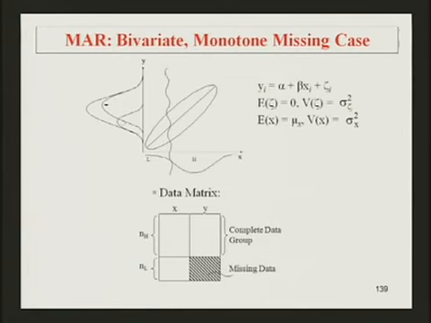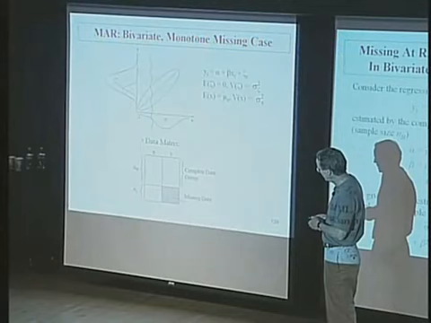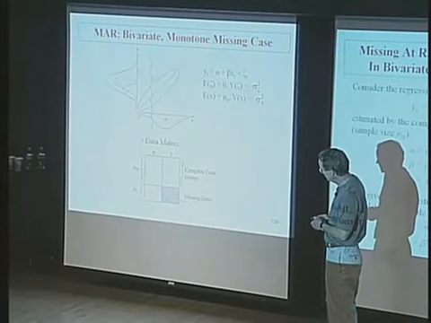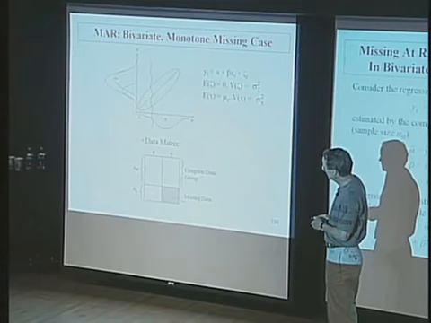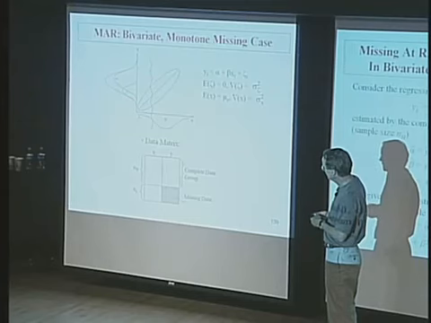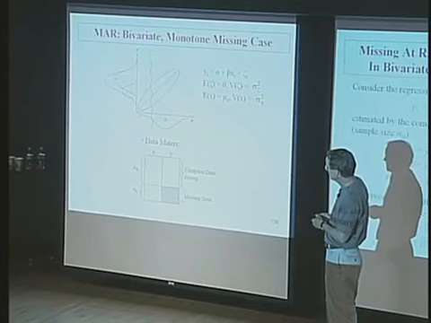That box of data, that box of data, and the box of data down here that has observations on X, but not on Y. And the important point here is that the people who have data only on X and not on Y, those people down there in the leftmost box of the data matrix do contribute to the estimation of parameters related to Y. They will improve the estimation of the Y mean and improve the estimation of the Y variance.